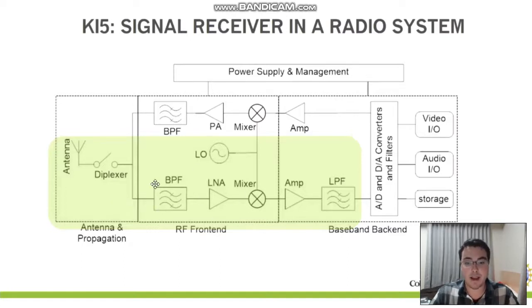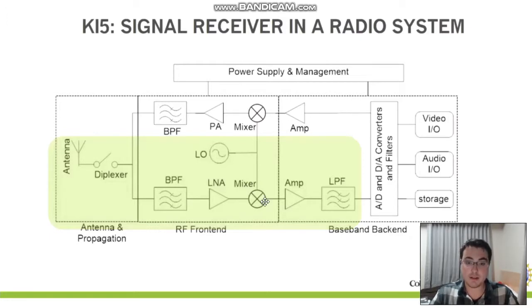Then we have the bandpass filter and low noise amplifier. This bandpass filter is used to isolate the signal, and the low noise amplifier amplifies the signal while trying to not amplify the surrounding noise, so we get a clearer signal. After this transformation takes place, it goes into this mixer or demodulator.